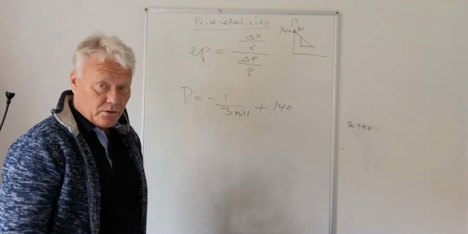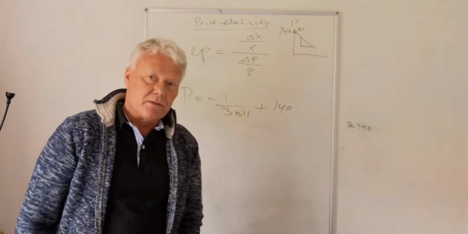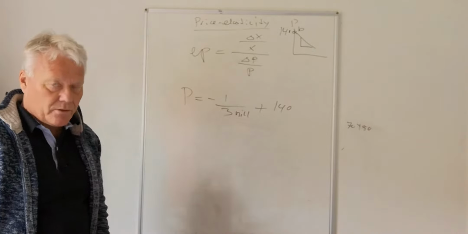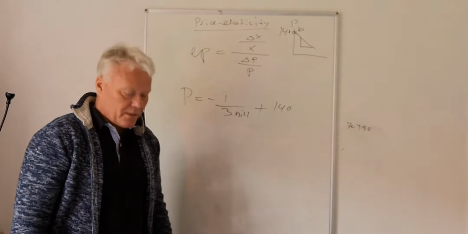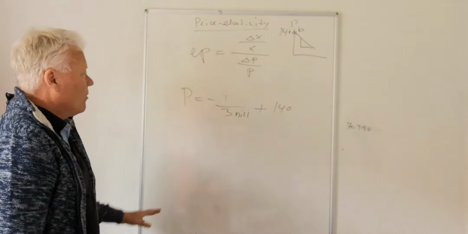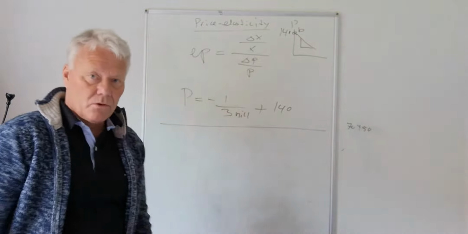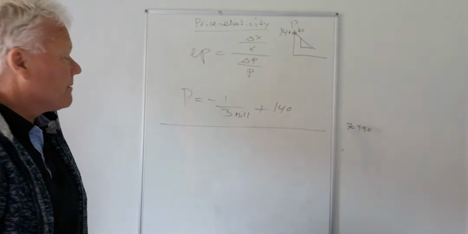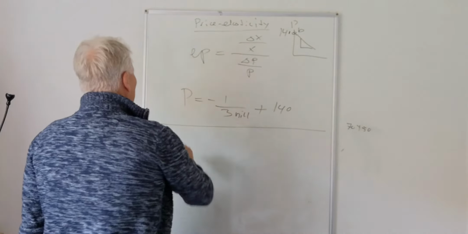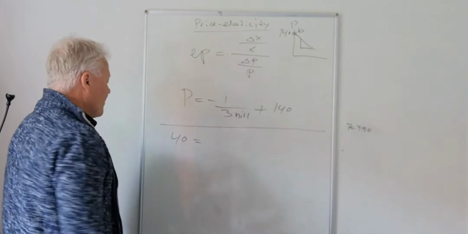So that's the basic. And now I'm going to show what has happened in Denmark, because we have just increased the price of cigarettes by taxation. I won't talk about taxation, I'll simply talk about the price. So what has happened with the number of units sold, and what is the elasticity when you go from a price of 40 to a price of 50?